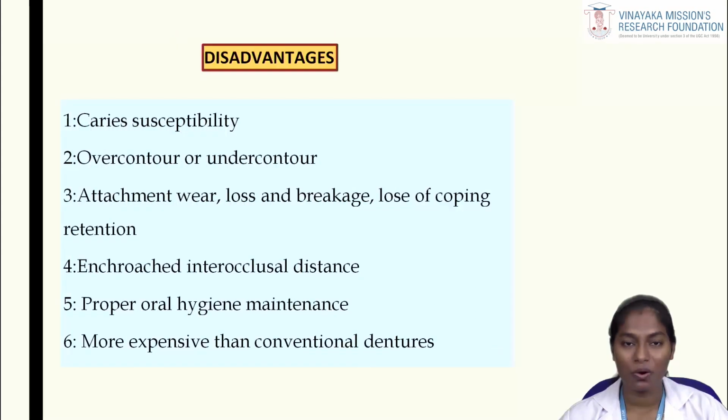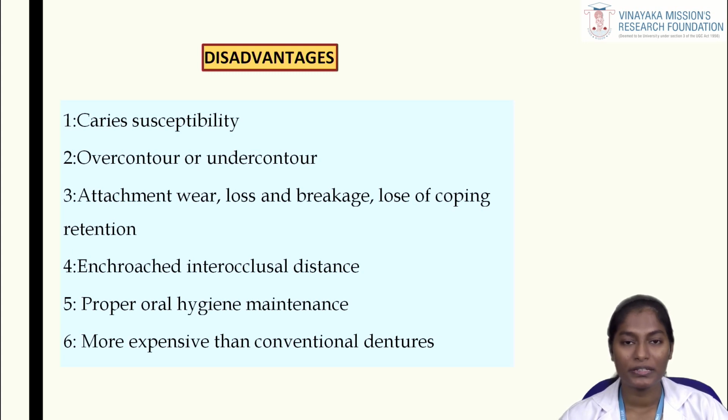The disadvantages of overdenture treatment include, if we are not maintaining proper oral hygiene, that is, not properly cleaning the denture or not maintaining our oral environment properly, a high incidence of caries will attack the abutment teeth. Second is over contour or under contour of the prosthesis, and when we are using attachments, there is a high chance of attachment wear, breakage or loss of coping.